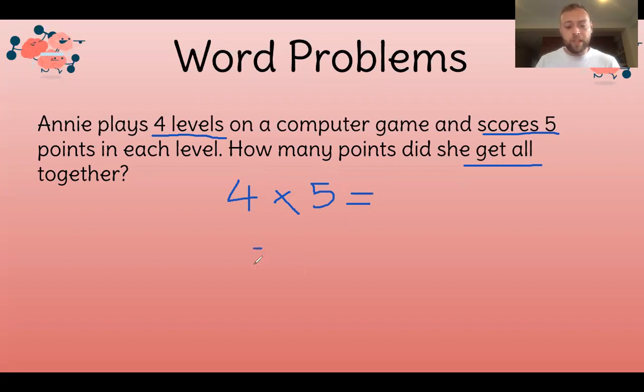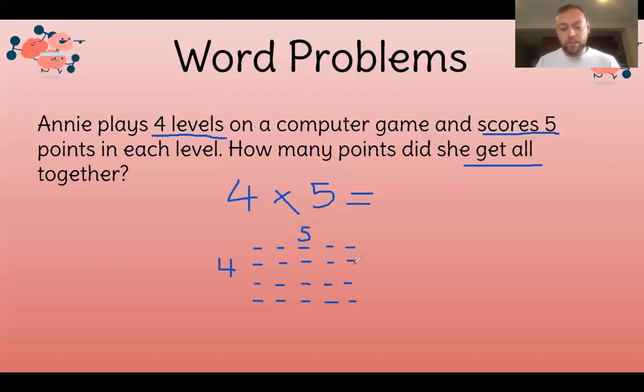Okay, so here we have 4 levels and we're going to be multiplying it by 5 because 5 stands for the points. Okay, Annie plays 4 levels and she scores 5 points. How many does she get altogether? Now you may already know the answer, which is fantastic, okay? But I'm going to draw an array to show you my 4 levels, 1, 2, 3, 4, and my 5 points on each level. Let me just check that I've got 4 levels, yes. And I've got 1, 2, 3, 4, 5 points on each level. Okay, so on level 1, she got 5 points.